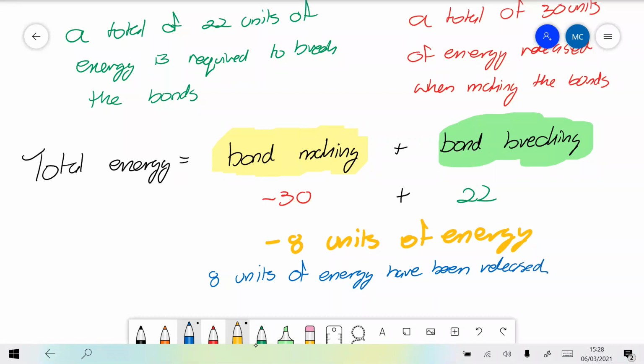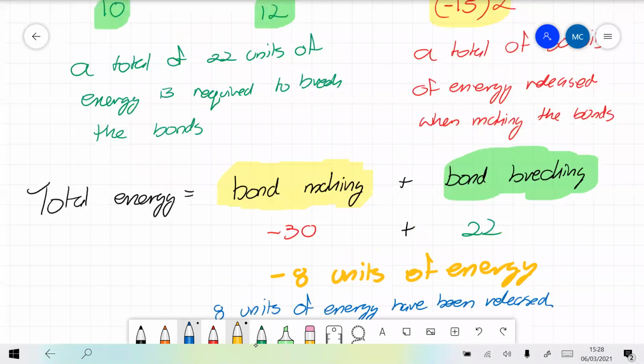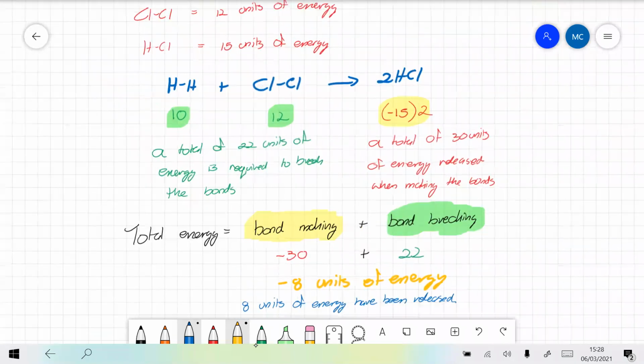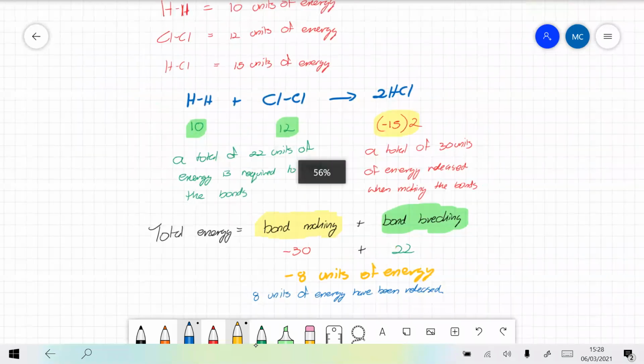Okay, so this is how to work a bond breaking, bond making question.